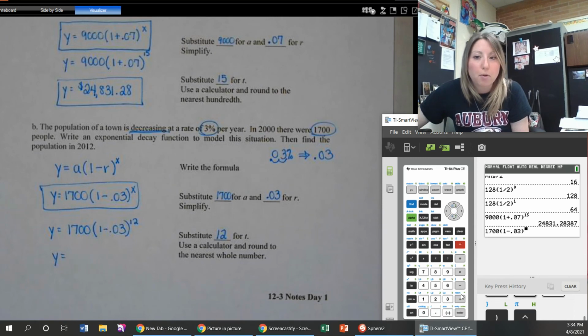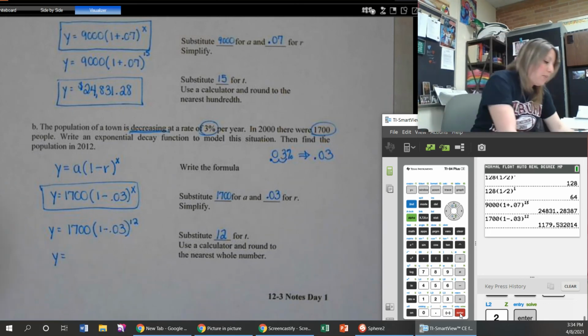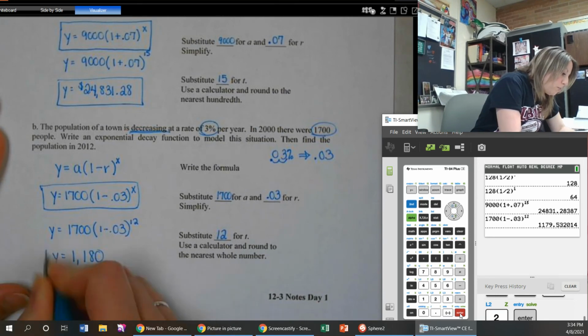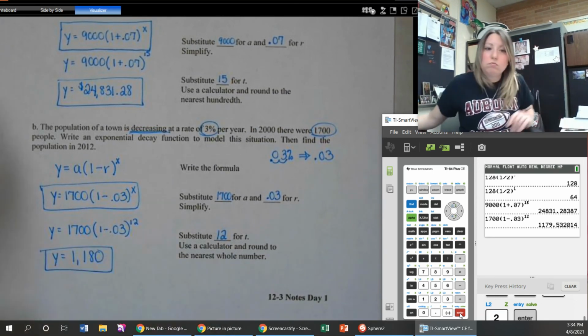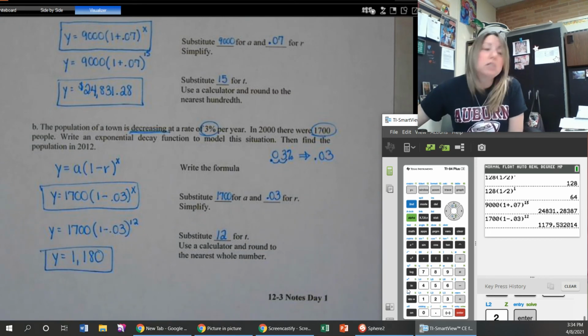So you want the caret button. 12 is 12 years from now, from the year 2000 to the year 2012. Wow, that's quite a lower population, right? We're going to be rounding that up. So that would be 1,180 people in the town now. It's to the nearest whole number because we're talking about whole humans.